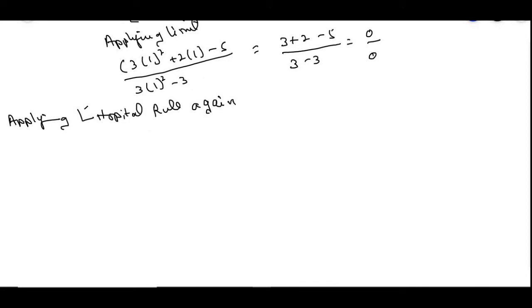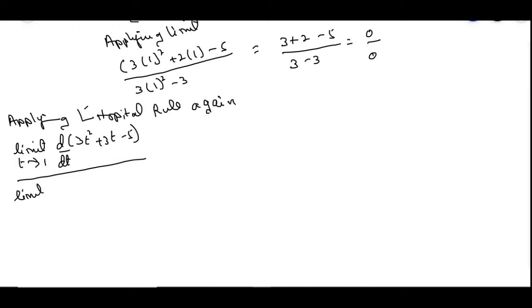Now applying L'Hopital rule again, we have limit t approaches to 1 d by dt 3t square plus 2t minus 5 whole divided by limit t approaches to 1 d by dt 3t square minus 3.